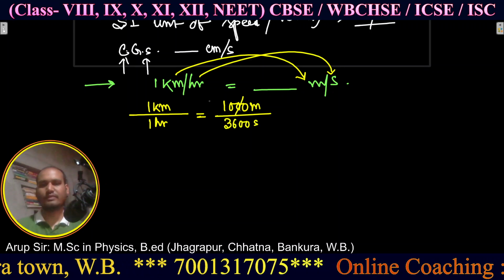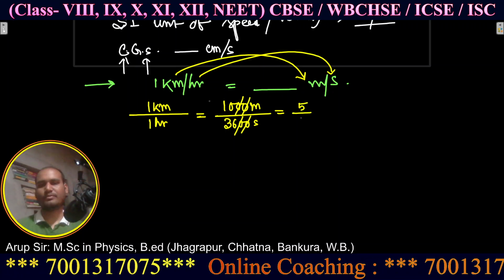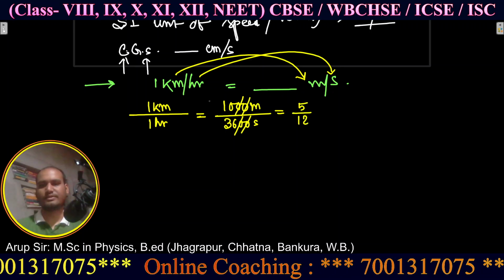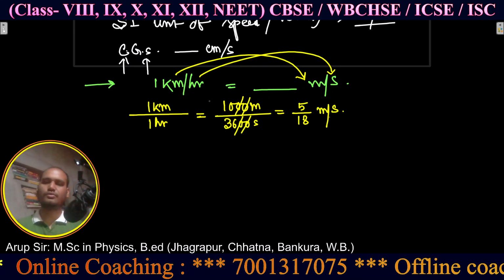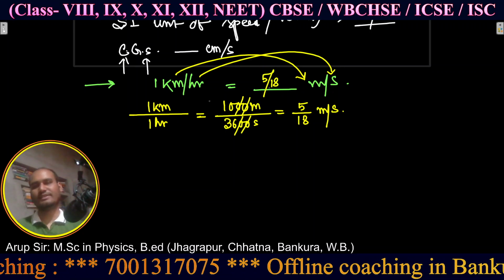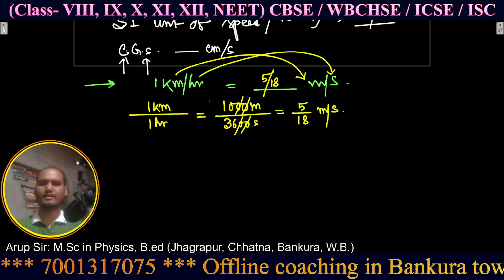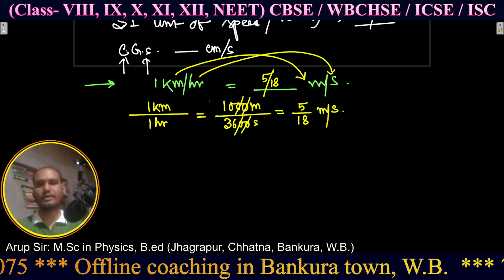So cancelling the two, I will get finally 5 by 18 meter per second. So 1 kilometer per hour is 5 by 18 meter per second, and the reverse is also true, 1 meter per second is 18 by 5 kilometer per hour.